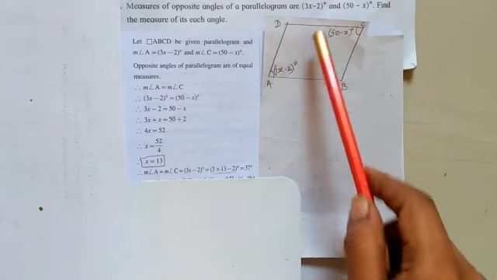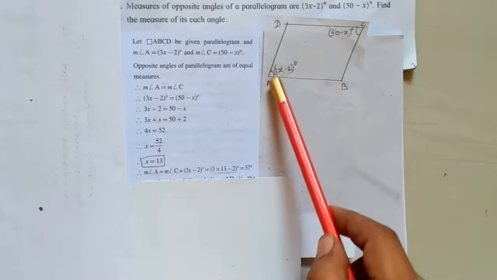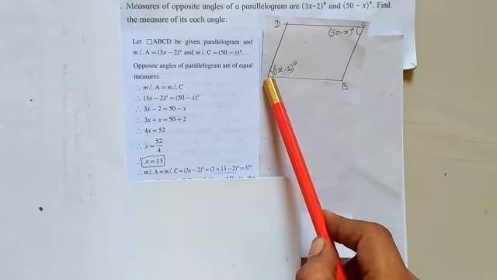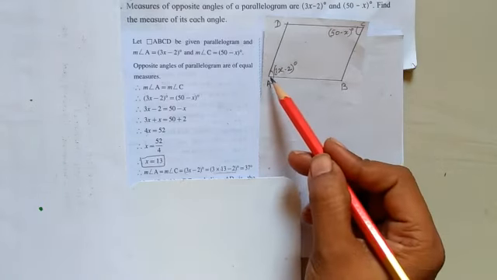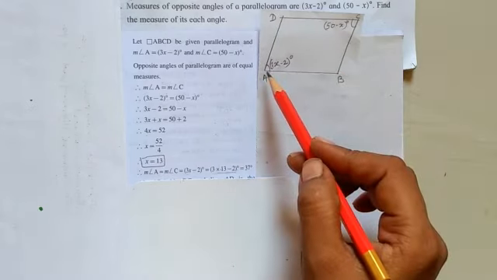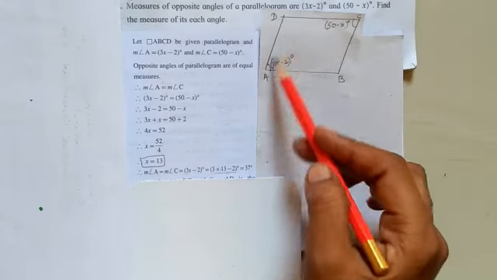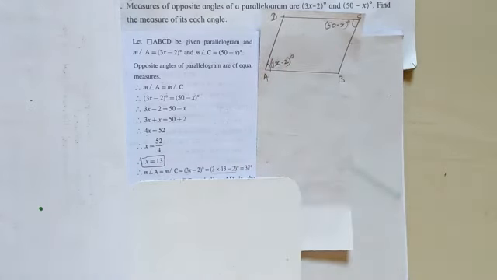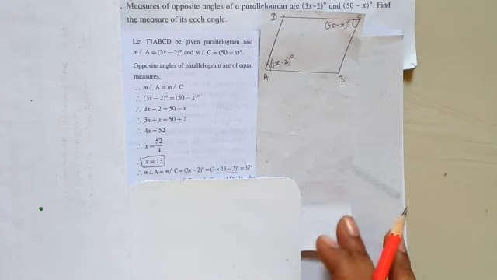If these two lines are parallel and this one is the transversal, then angle DAB and angle ADC both will be interior angles, so their addition will become 180 degrees, which we have studied in our previous video.